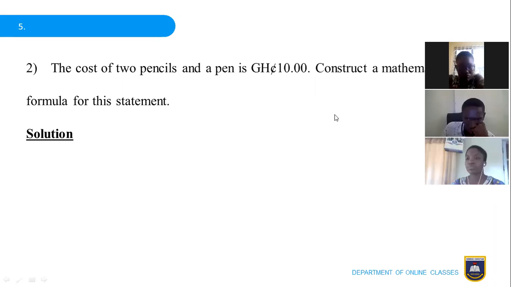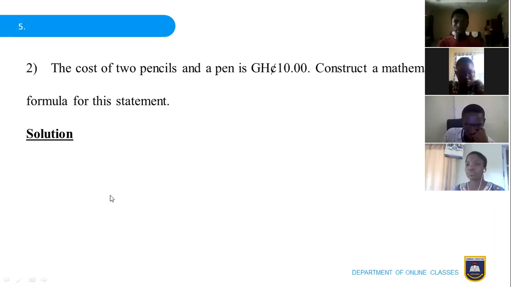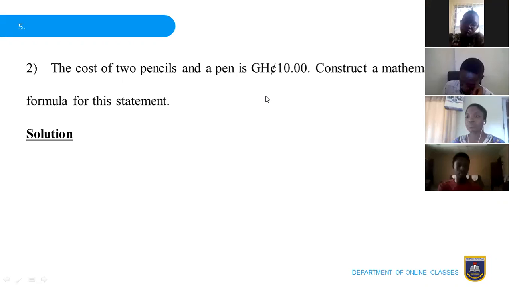Okay. All right. So your formula is what? P plus Q equals 10. Come again. P plus Q equals 10. All right. Thank you.